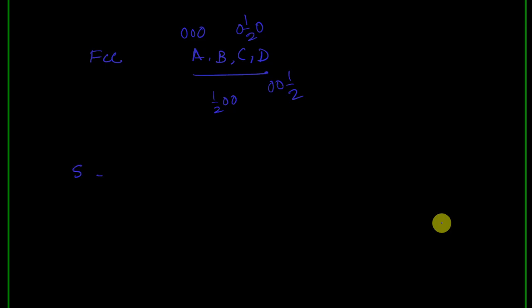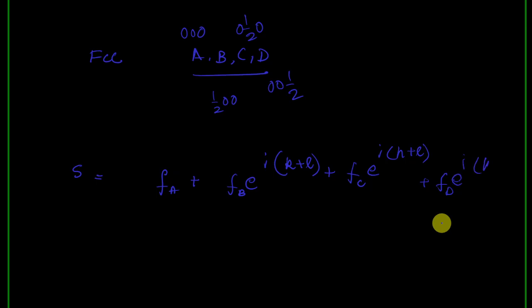So actually the structure factor is not given as the formula above, but rather as Fa plus Fb e^{i(k+l)} plus Fc e^{i(h+l)} plus Fd e^{i(h+k)}. So you can see that the prefactors or amplitudes will be different.